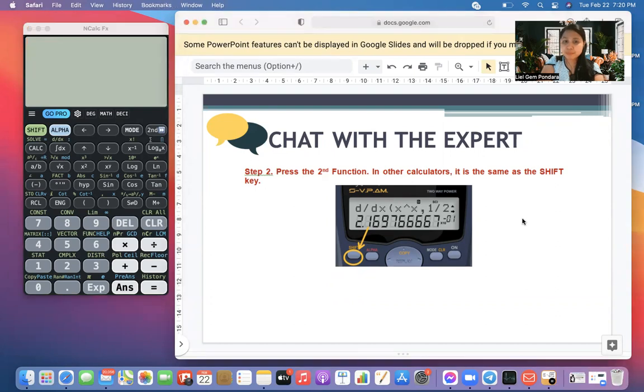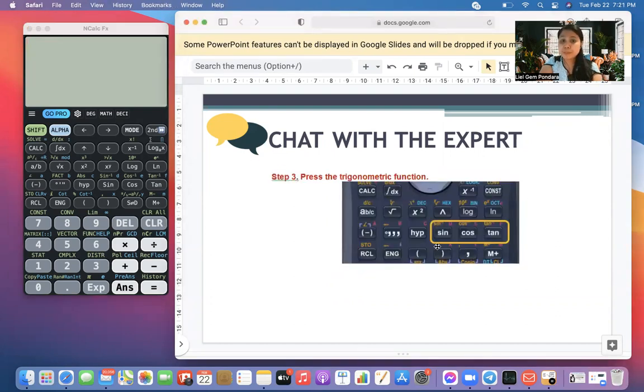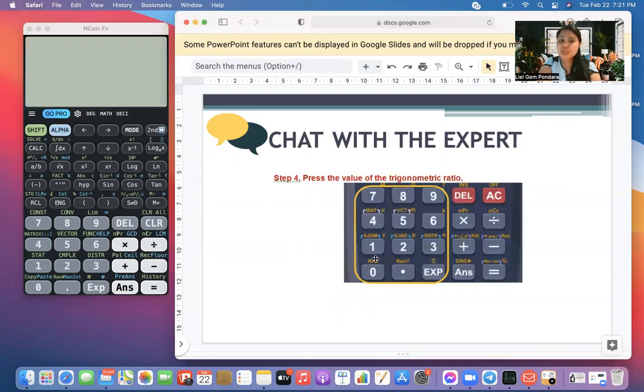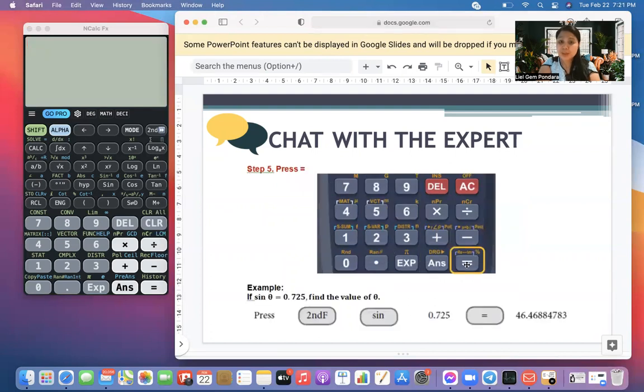Next, after pressing second function or the shift key, you press the trigonometric function. Then you press the value of the trigonometric ratio, press equal sign, and the answer is the angle. Example, if sine theta is equal to 0.725, we need to find the value of theta.